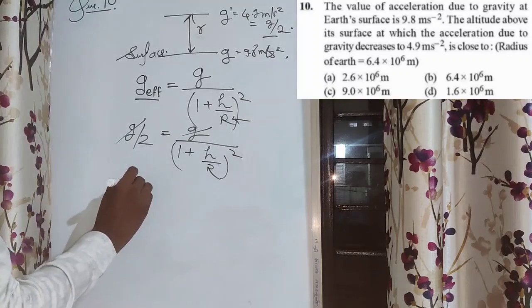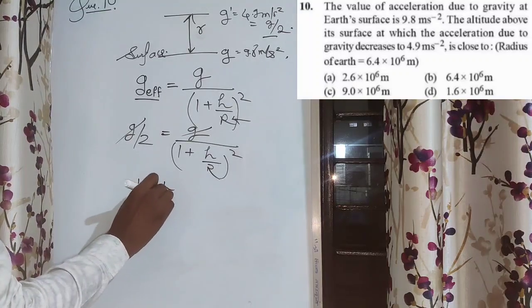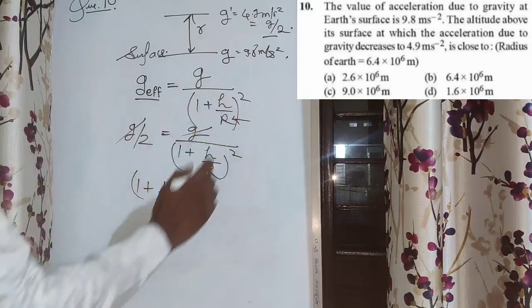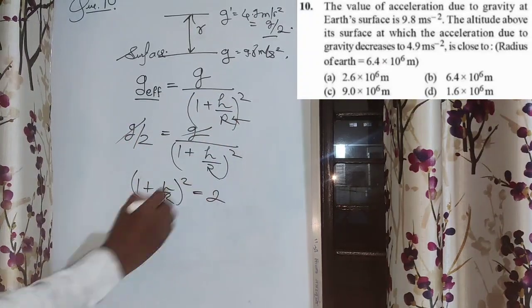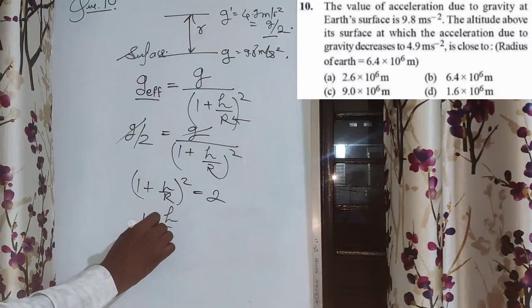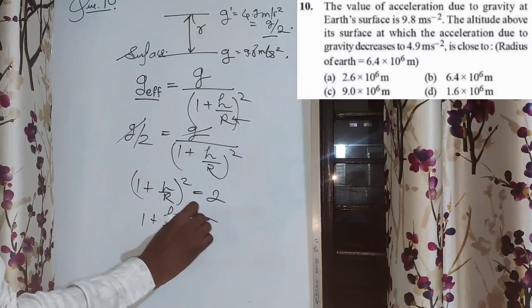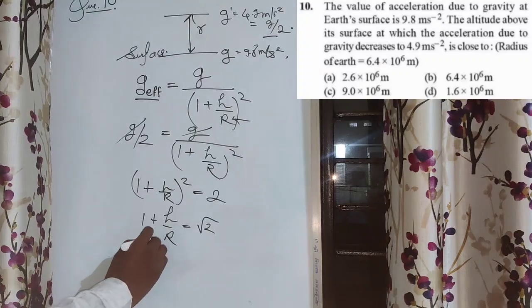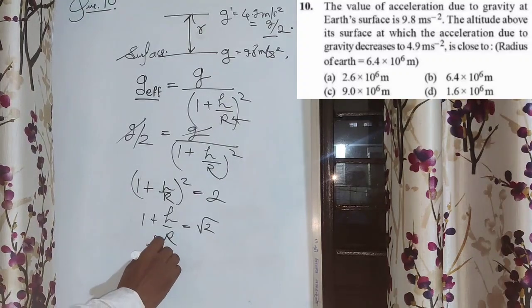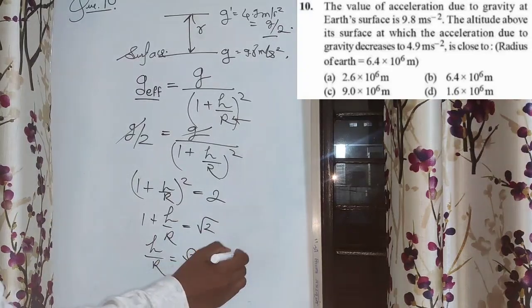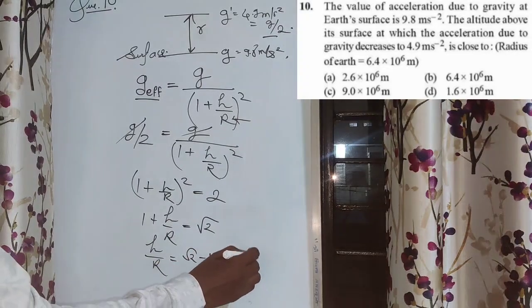If we take 1 plus h by r whole square to the left and this 2 to the other side, we get 2. Taking the square root on both sides, 1 plus h upon r is equal to root 2. Simple. And simply h upon r is equal to root 2 minus 1, that is 1.41 minus 1, which is 0.41.